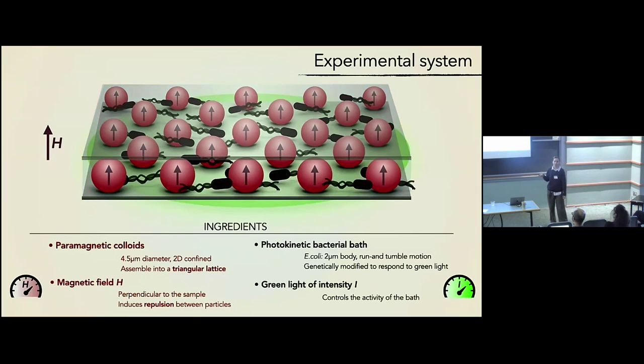So we have this extra degree of control through the green light intensity. We have these two knobs: the magnetic field that controls the confinement and the interaction of the crystal, and the green light that controls the activity of the bath and acts just on the bacteria.